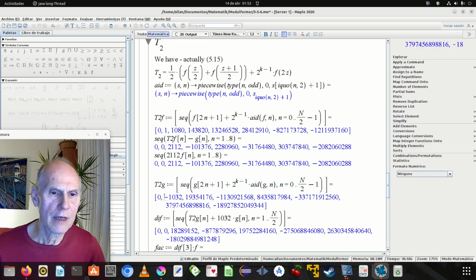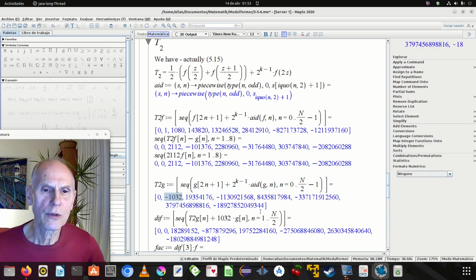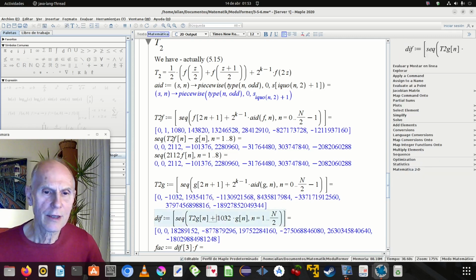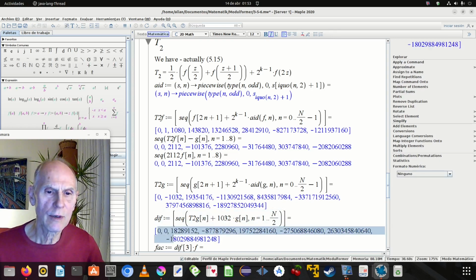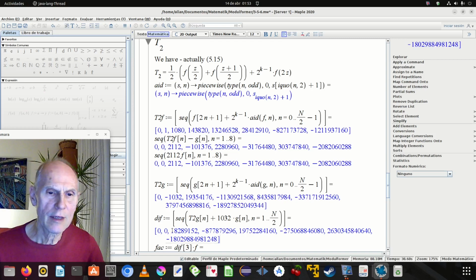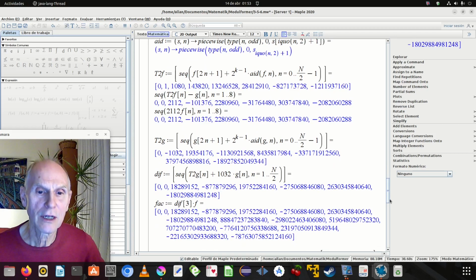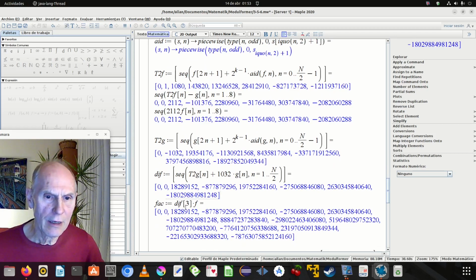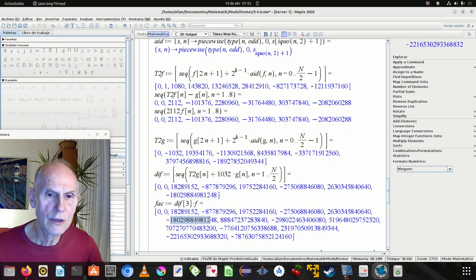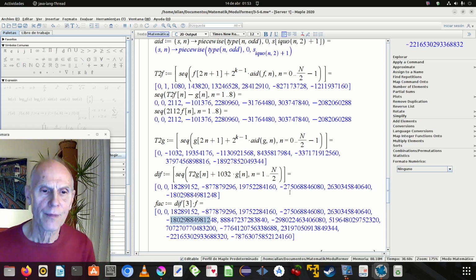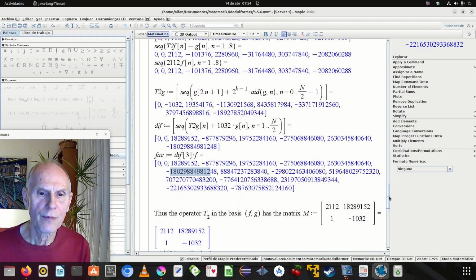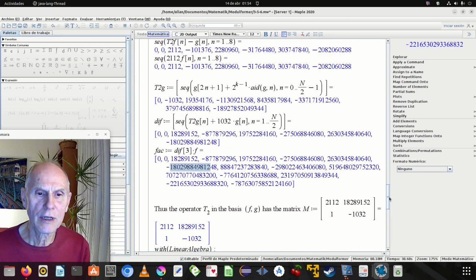it's minus 1032, so we add that times G and get these coefficients, and they should be this times F. So let's see, and I shouldn't have taken all those, but the first ones agree. That means we can write up the matrix, which I've done here.